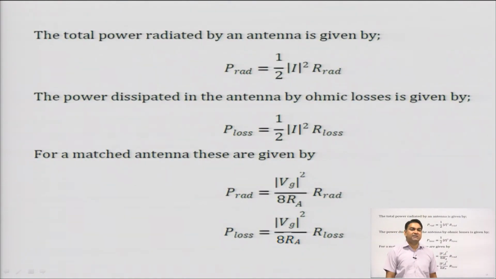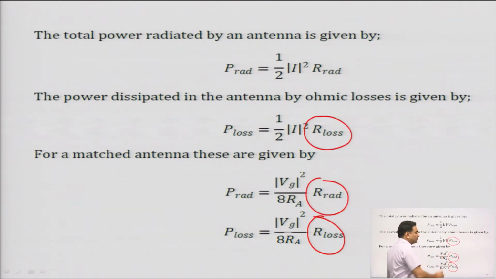These are some of the formulas and expressions which are used in antenna theory for defining the different powers, power radiated, power loss, and these are all associated with the different resistances. So, you can understand these formulas very clearly by using the same expression and the same equation.